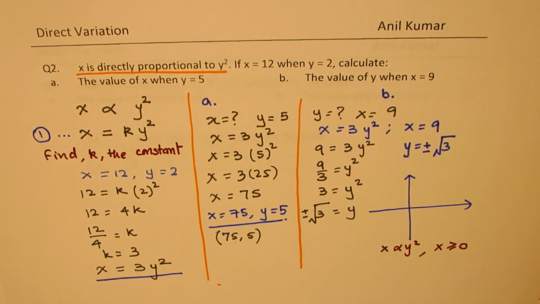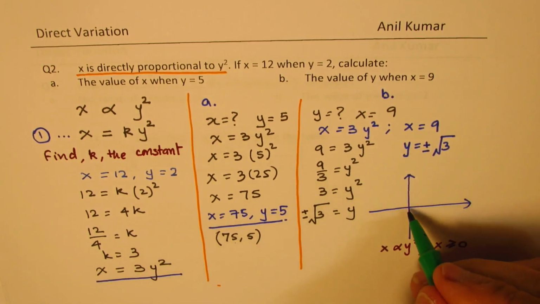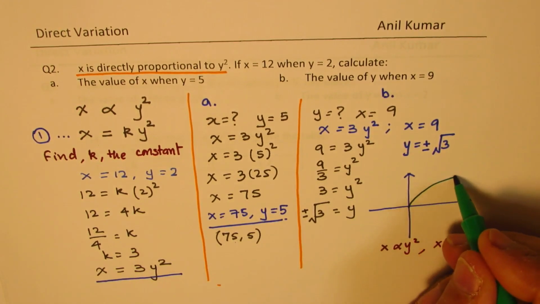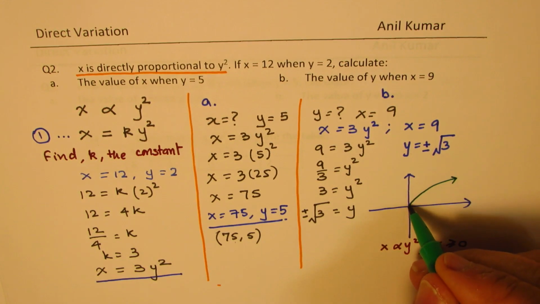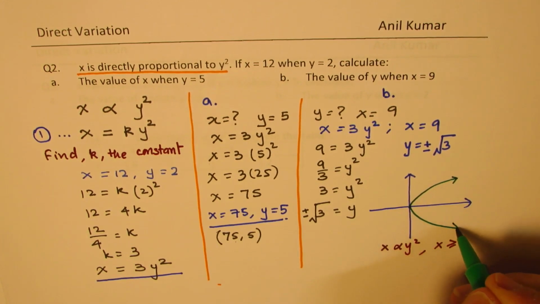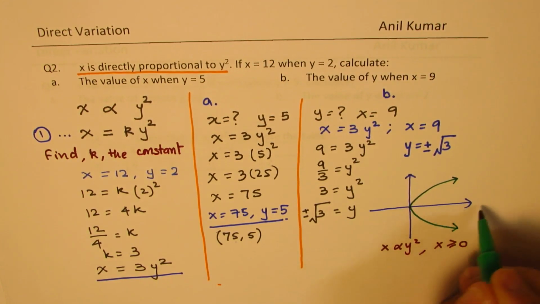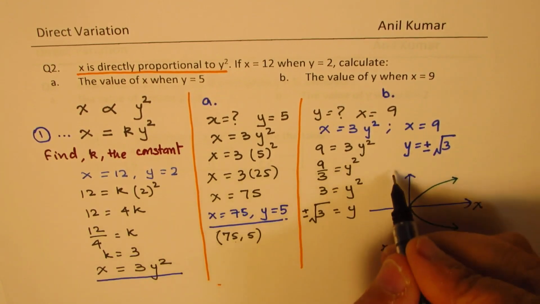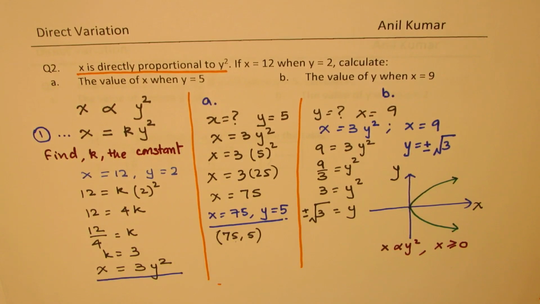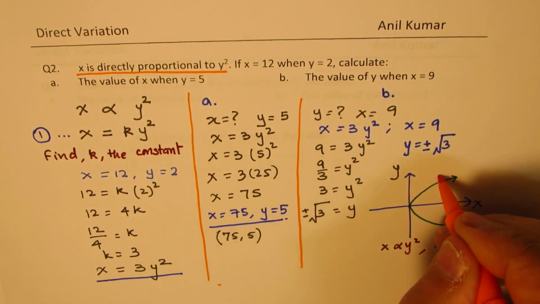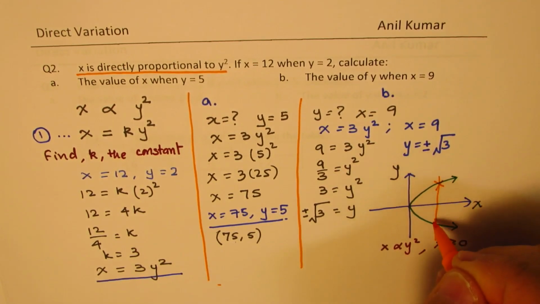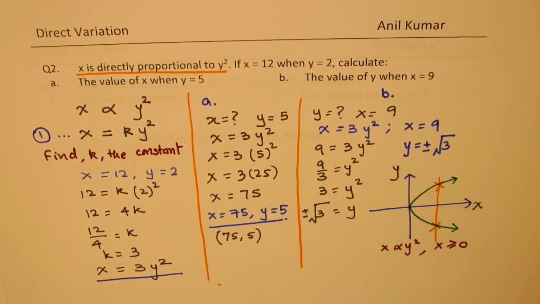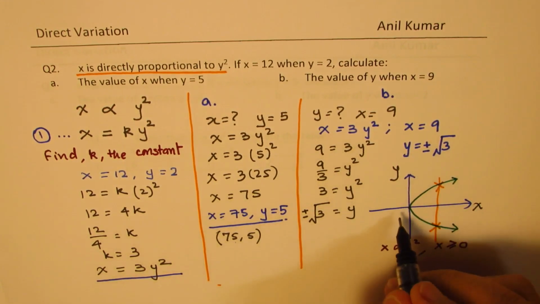So basically, here we have a relation, not a function, which is kind of like this. It's a parabola which opens on the right side, and we're looking for two answers to our question, right? So what we really found here was that for a value, these were the 2 points of our interest. Does it make sense to you?